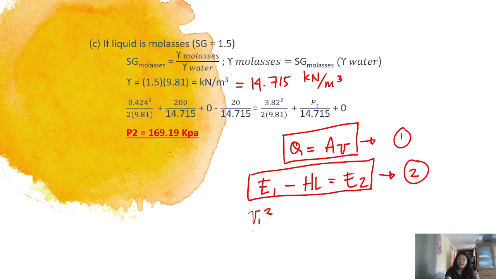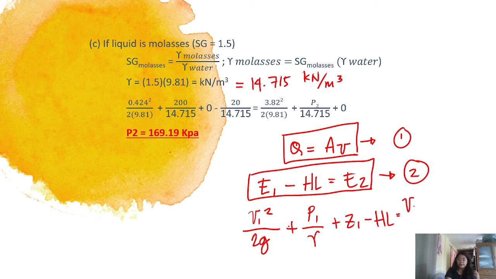So, the energy at point 1 is V squared over 2g plus the pressure over gamma plus the datum, the difference in elevation, minus head loss, is equal to the energy at point 2.